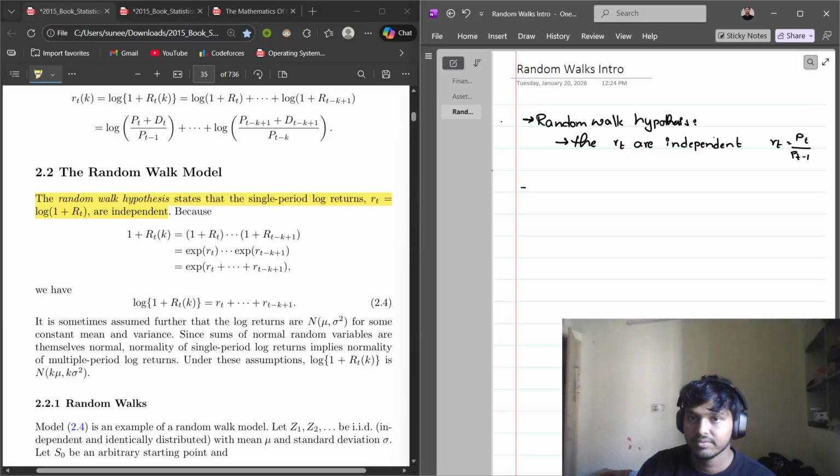And if we assume R_t is normal, then this is called normal random variables.